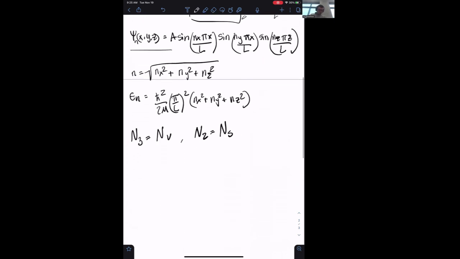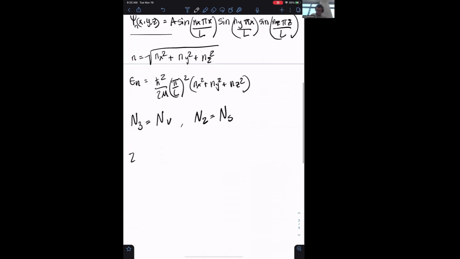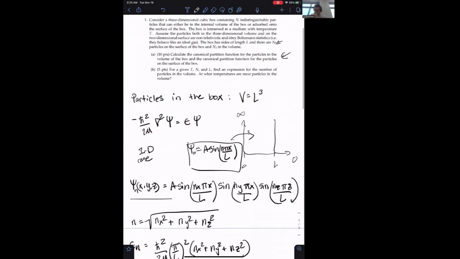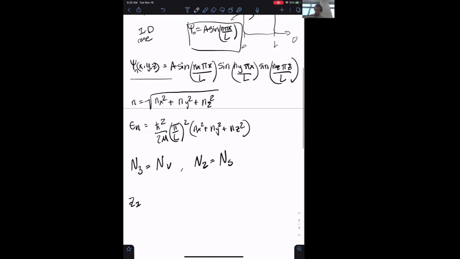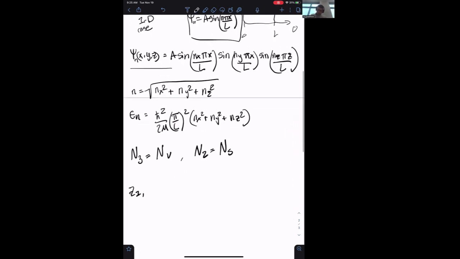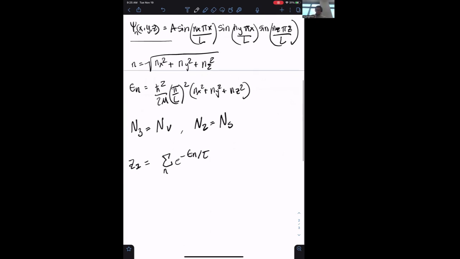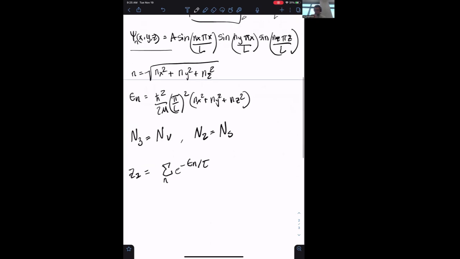Now, the partition function for a particle anywhere is equal to the sum of all of the possible energy eigenstates in an exponential divided by tau, like this.